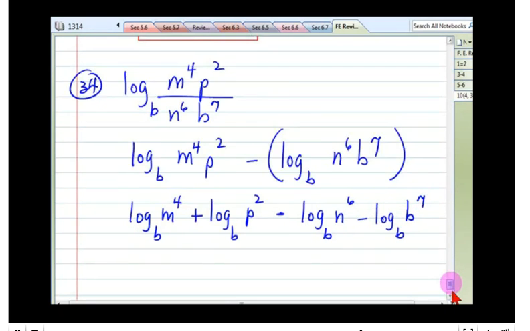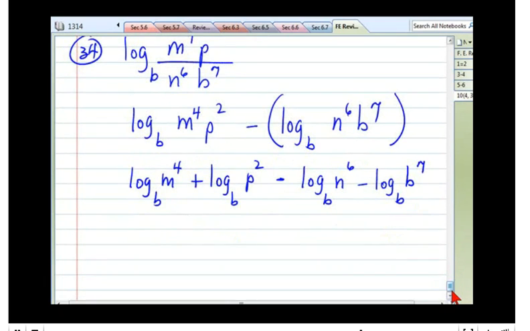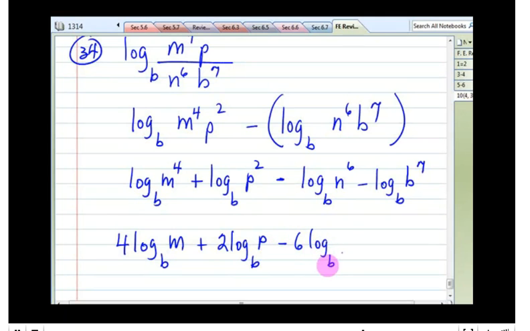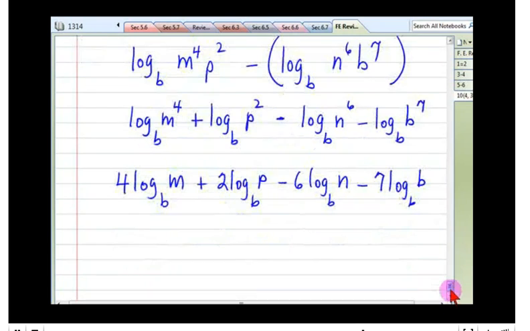What's the only other thing that we can do? The powers. Powers can go to the front. So we have 4 log base b of m plus 2 log base b of p minus 6 log b of n minus 7 log b of b. One more thing before you can say we're done.